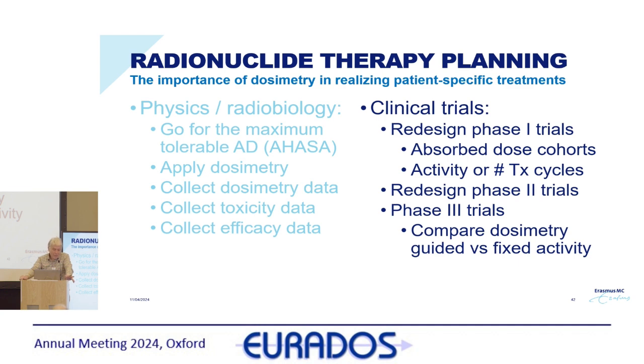The approach using the physics and radiobiology knowledge is now more or less being tried, but I can imagine that the moment we have a clear indication of advantage in some therapy, we'll need additional clinical trials, although these trials, certainly phase 3 trials, to compare dosimetry-guided treatment versus the fixed activity treatment will be quite costly.